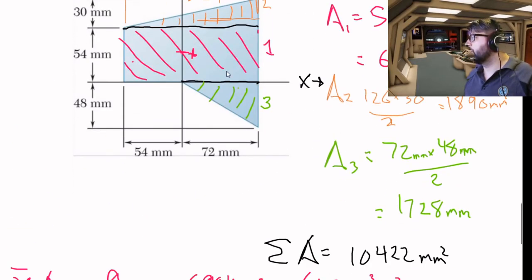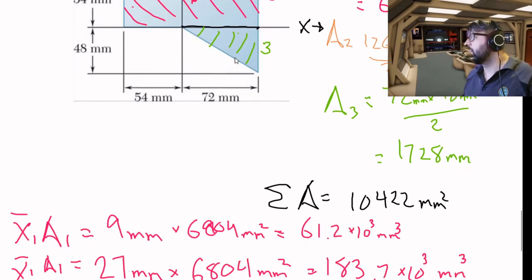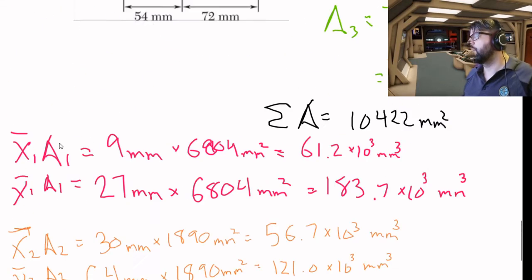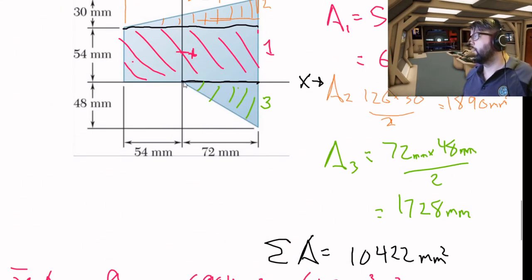Next up, we got our green triangle here. So the X bar 3A3. That one, we can start from the origin and work our way over here. So that'll be 2/3 of this base distance here, since we're starting from the pointy end and going towards the base and not the other way around.